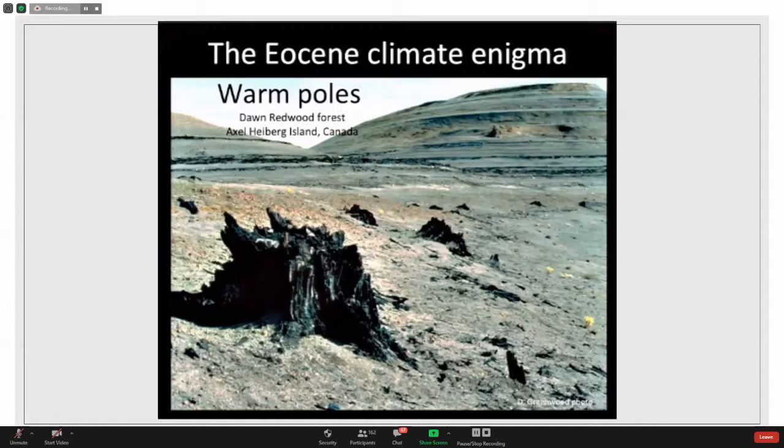The other thing that we noticed in the ocean records around this Paleocene Eocene time was a dissolution of deep ocean chalk. Chalk is another name for what we call carbonates.